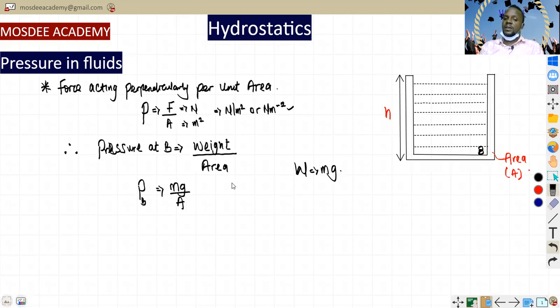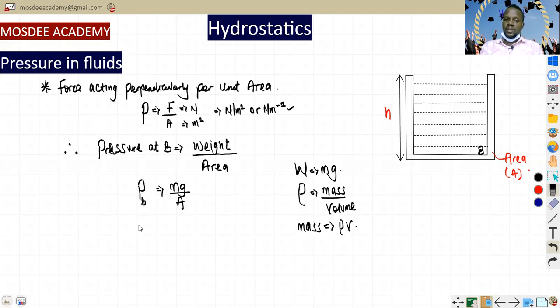So let's quickly recall that density, which we denote by rho, of the liquid is equal to the mass M divided by the volume, which we denote by V. So directly I can substitute here: mass is equal to the density rho times the volume V.